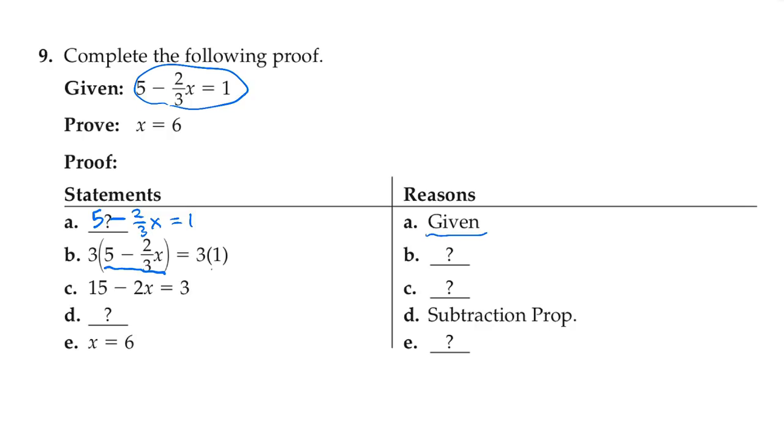This side and this side, they multiplied by 3. That's the multiplicative property of equality. Okay, the next one, they just multiplied that in. So on the left, though, what let them do that? Multiply the 3 times both. That was the distributive property of equality.